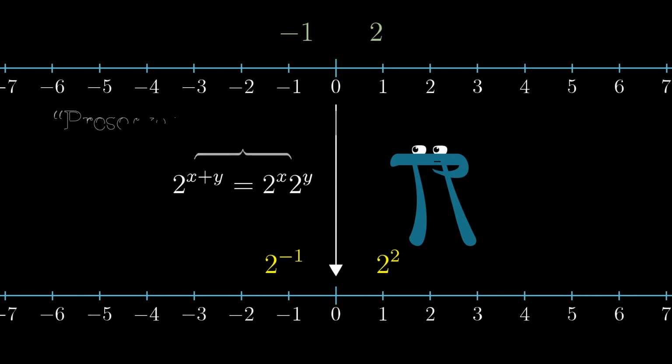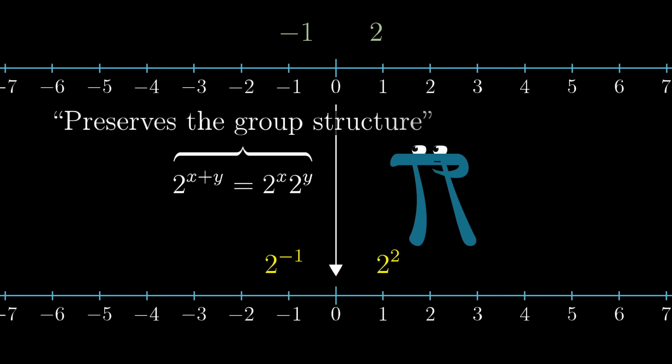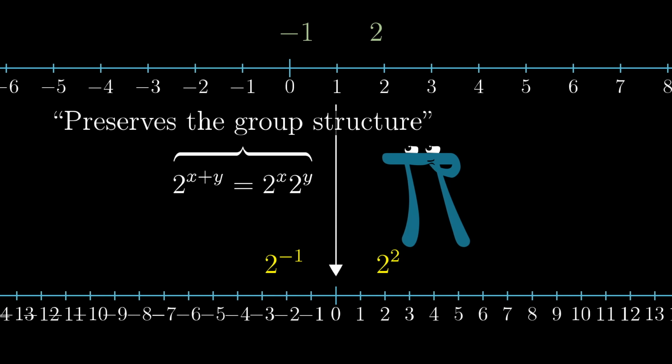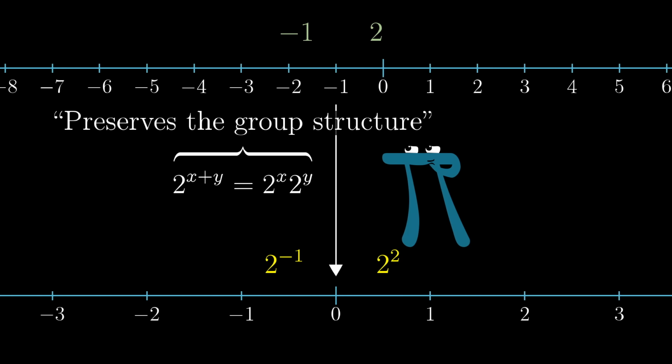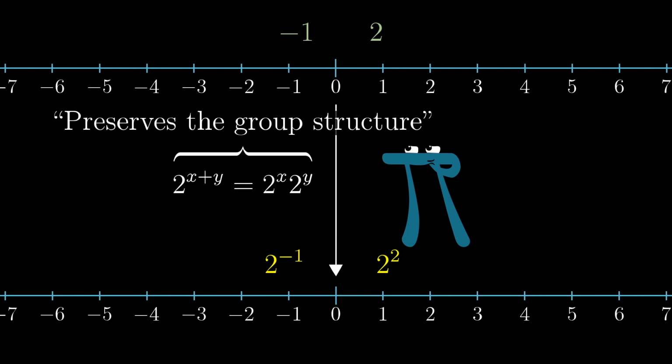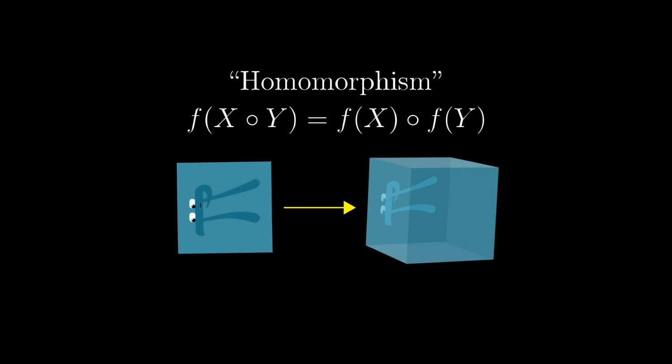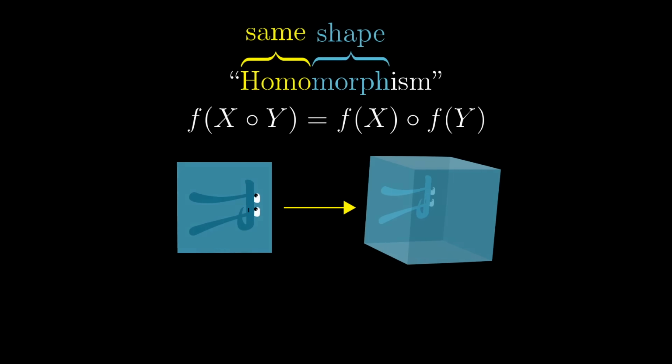Mathematicians would describe a property like this by saying that the function preserves the group structure, in the sense that the arithmetic within a group is what gives it its structure, and a function like this exponential plays nicely with that arithmetic. Functions between groups that preserve the arithmetic like this are really important throughout group theory, enough so that they've earned themselves a nice fancy name: homomorphisms.